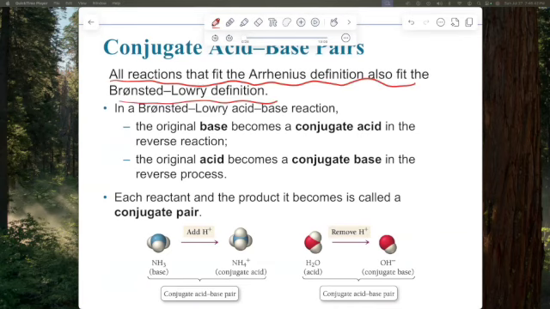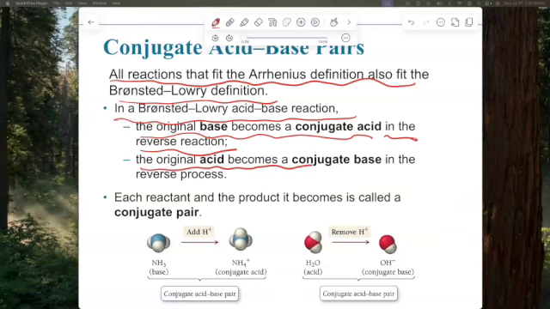In a Bronsted-Lowry acid-base reaction, the original base becomes the conjugate acid. That's what I was trying to communicate earlier. In the reverse reaction, the original acid becomes the conjugate base. Okay, so acid becomes conjugate base, base becomes conjugate acid.